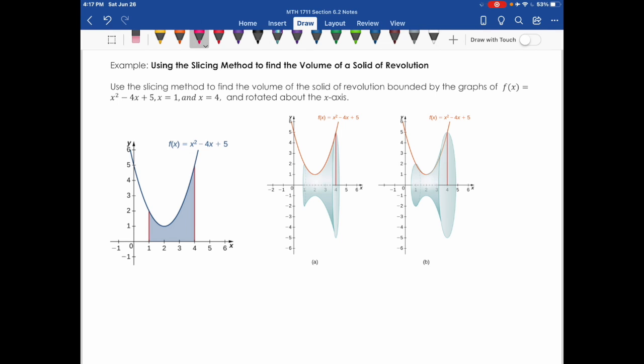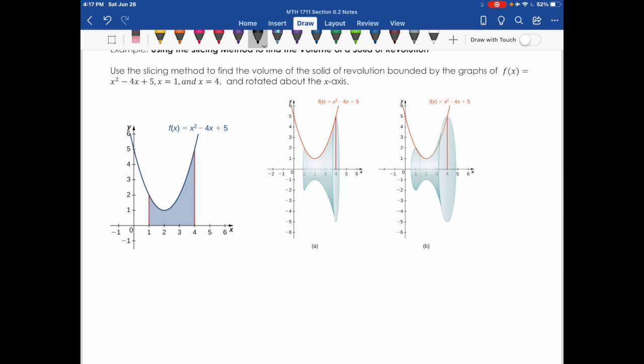So in this next example, we're going to go over how we can find volumes by using the slicing method to find the volume of a solid of revolution. So we're going to use the graph f of x is equal to x squared minus 4x plus 5, and it's on the interval from 1 to 4.